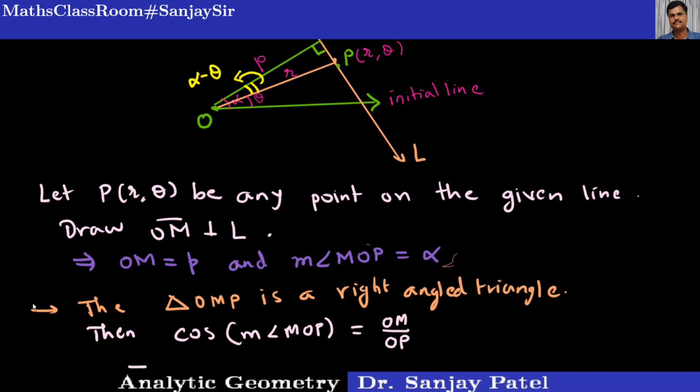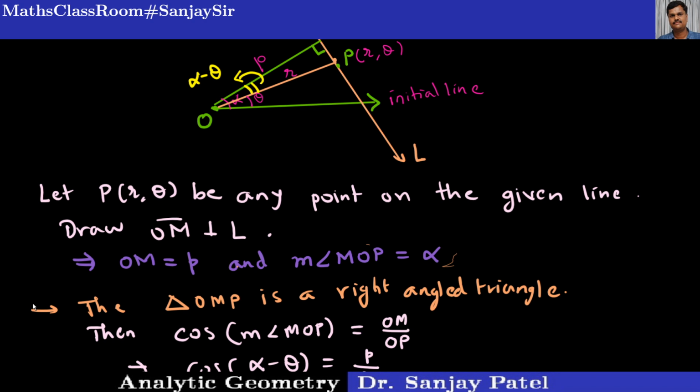So this gives me cos of the angle, it is alpha minus theta, and the value of OM is small p, and the value of OP is small r.